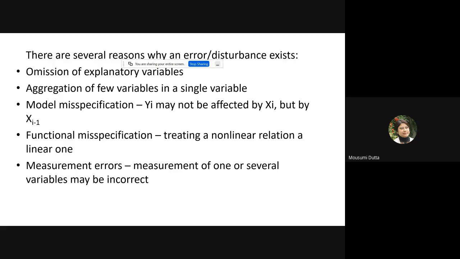Okay, so there is a chance that your function is misspecified, and then also there will be the possibility of occurrence of errors. Finally, you may face the problem of measurement errors whenever you are going for any kind of sampling exercises. Measurement of one or several variables may be incorrect.